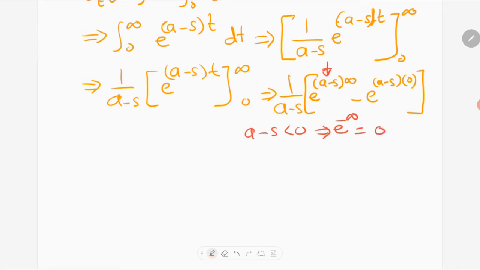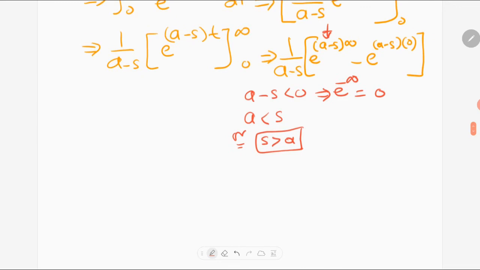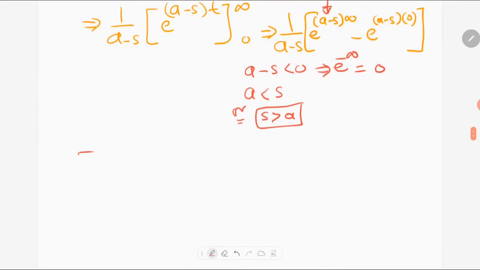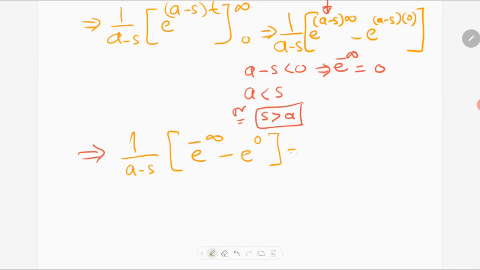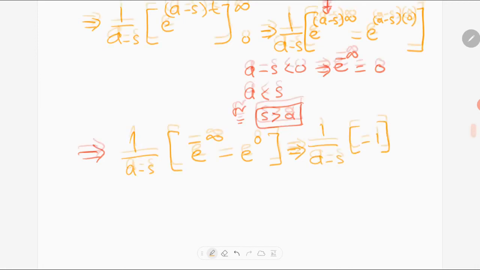So a minus s less than 0 means that a should be less than s, or s should be greater than a, right? So we assume this, and when we assume this, what we are left with is this 0, which actually means that we have 1 over a minus s times minus 1, right?